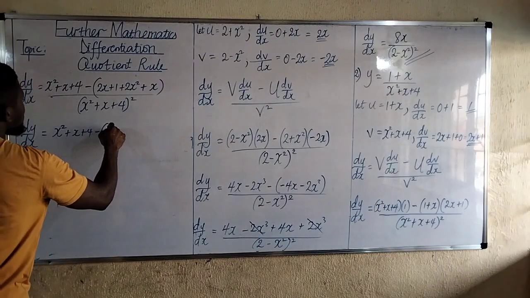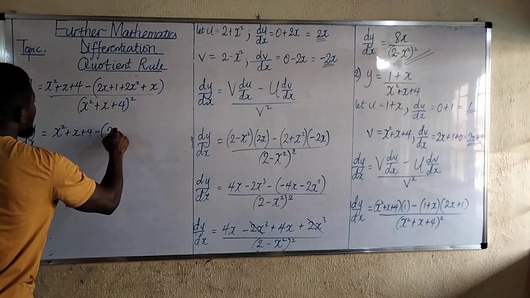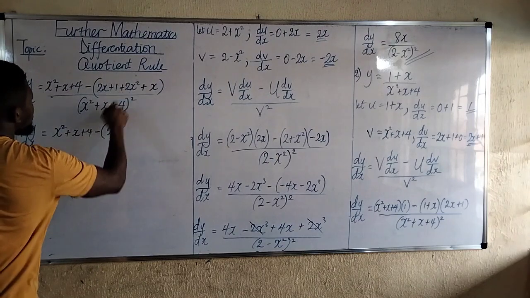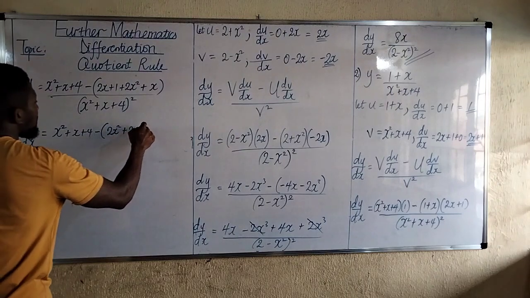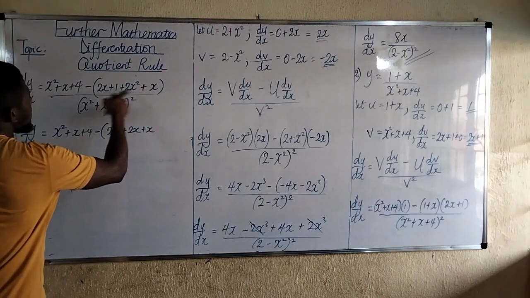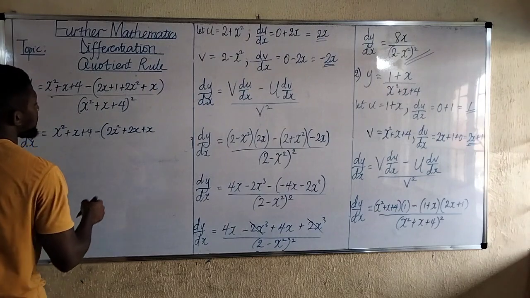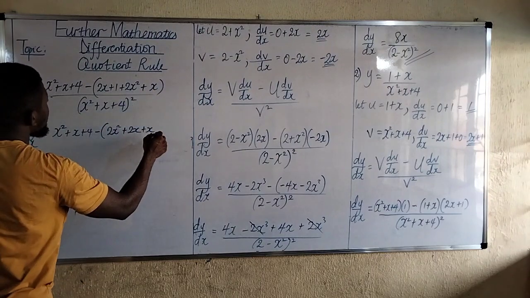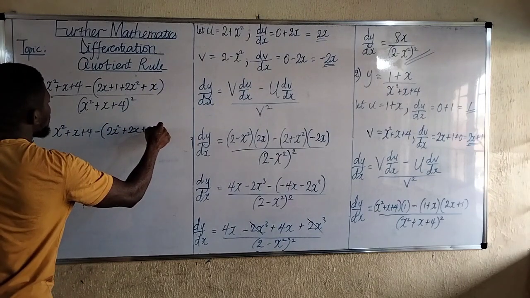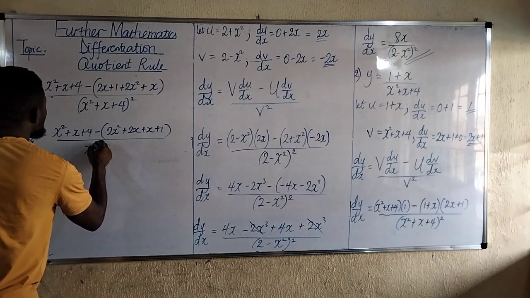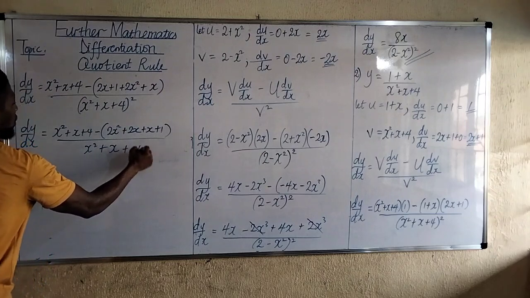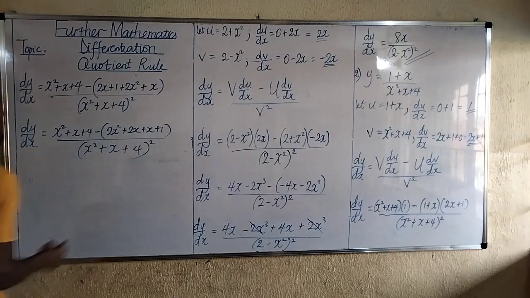Let's arrange it properly: 2x squared plus 2x. We are rearranging it so that it works better for us, plus x, since they all have positive sign. And lastly we have plus 1, all over x squared plus x plus 4, all squared.